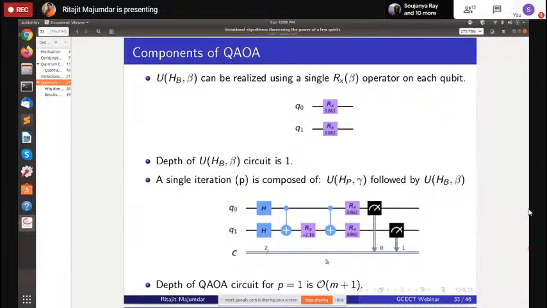You can say from computer science that order of m plus 1 is actually order of m. That is true, but this is how it was mentioned in the original paper, so I did that as well. This is the QAOA circuit: the initialization, the UHP, UHP. And if you want P equal to 2, you will just have to repeat this again and again. Initialize once, repeat this, followed by this, and so on.